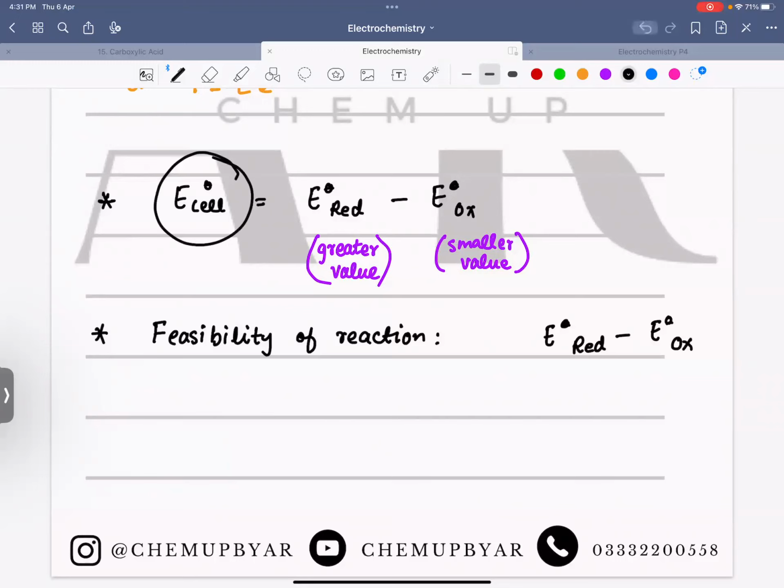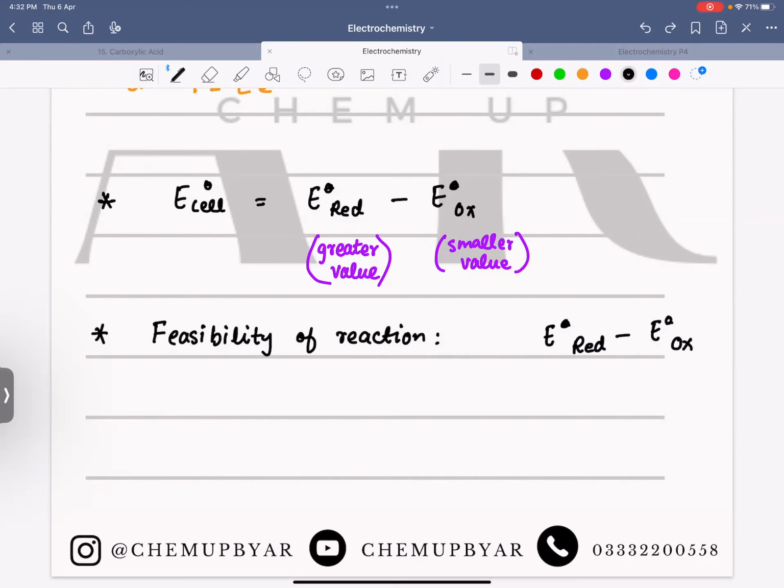Try to understand this difference. When you have to calculate the E naught cell, you do E naught reduction minus E naught oxidation for the half equations. But there, you choose yourself which one is going to be oxidized and which is going to be reduced, always choosing the one with the greater value to be reduced and the one with the smaller value to be oxidized. Is this understandable to everyone?